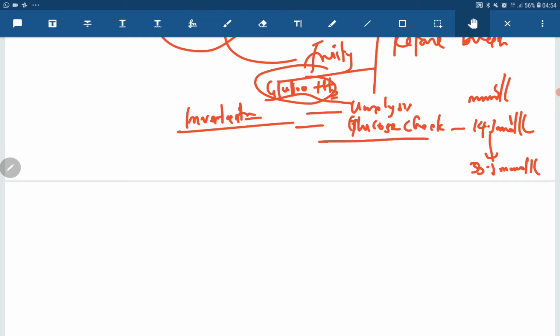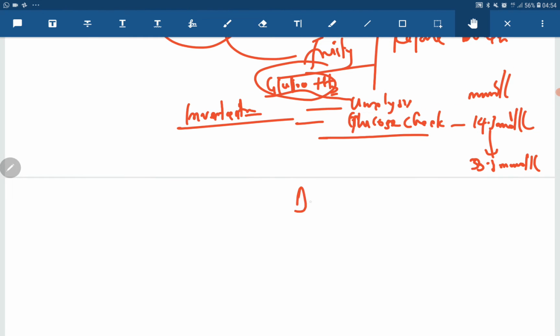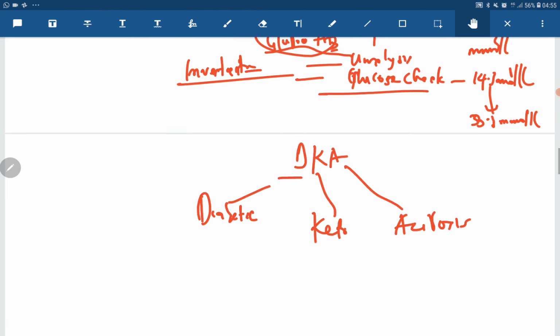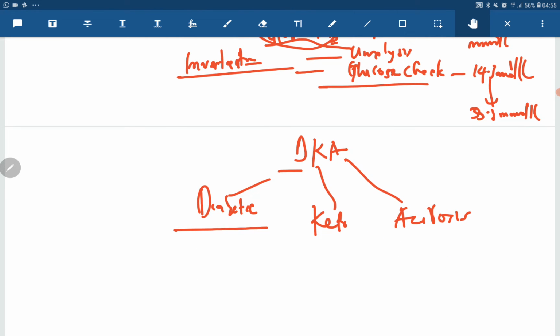The things you are looking out for, like the name implies, DKA: the first part we said diabetic, then we said keto, then we said acidosis. So those are the three things you look out for. Number one, hyperglycemia, and we prefer the use of a glucometer to do that.